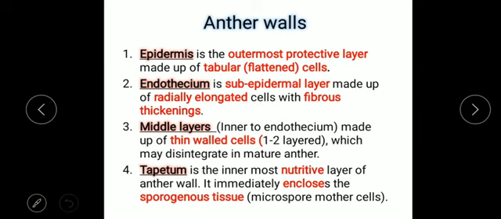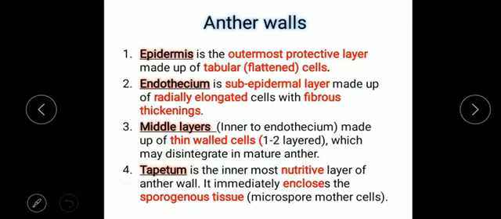Just inner to the endothecium layer there is the middle layer. The middle layer is more than one, it may be 1 to 2 or 1 to 3, 4 etc. The main characteristic of the middle layer is that it is ephemeral. Ephemeral means very short lived. When the anther becomes matured, the middle layer gets degenerated. Whatever food material is stored in the middle layer can be utilized by the pollen mother cell, so the middle layer helps nourish the pollen mother cell for development.